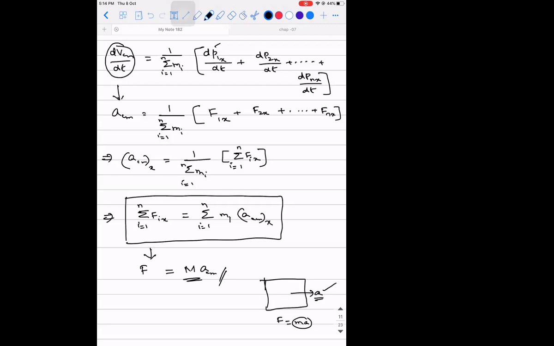The solid will be made up of many particles, and let's say its center is somewhere at the midpoint. Then it is the acceleration of that particular particle which we were writing as F is equal to ma and solving the problems. So this is Newton's second law.